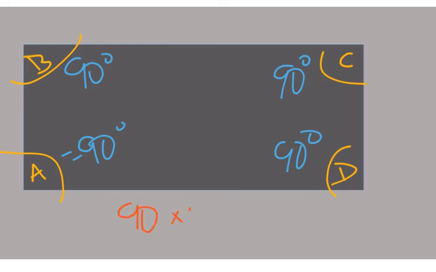Angle A is a 90-degree angle. Angle B is a 90-degree angle, as well as C and D. And of course, if you add all these up, or you multiply 90 times 4, you're going to get 360.